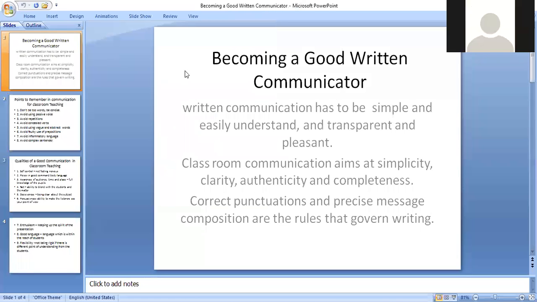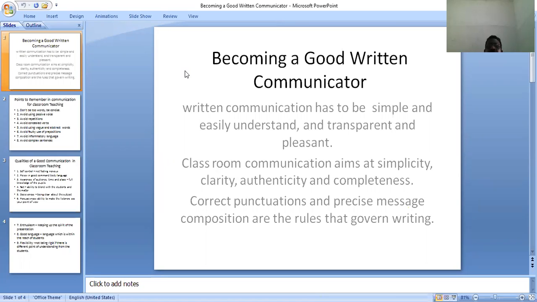Now, becoming a good written communicator. How can you become a good written communicator? Written communication has to be simple, easily understood, transparent and pleasant. It must be understood by everyone.